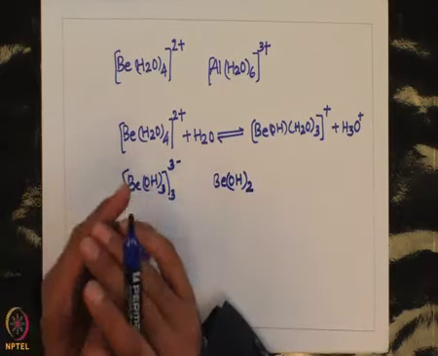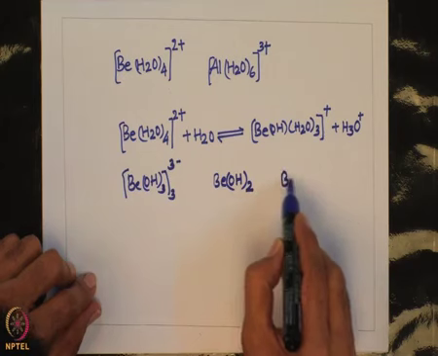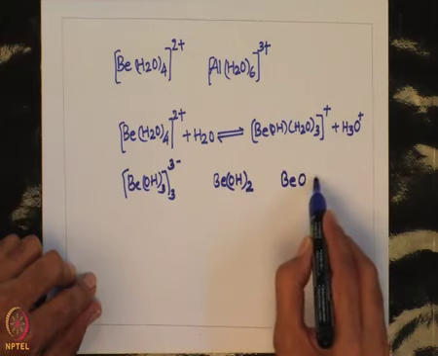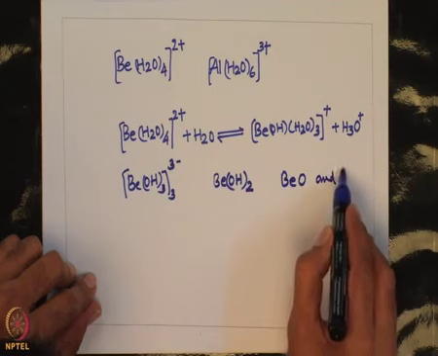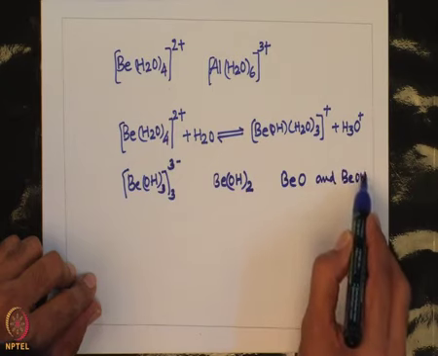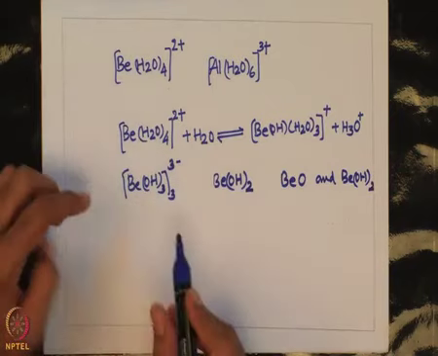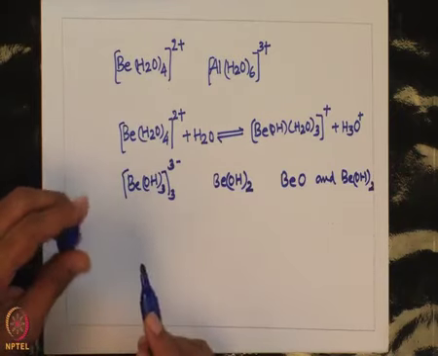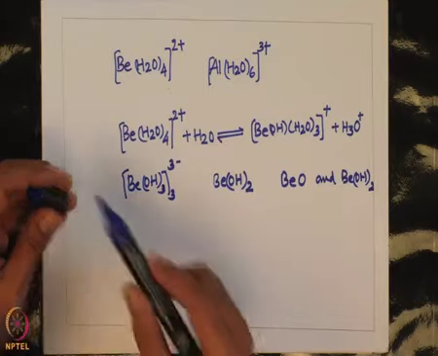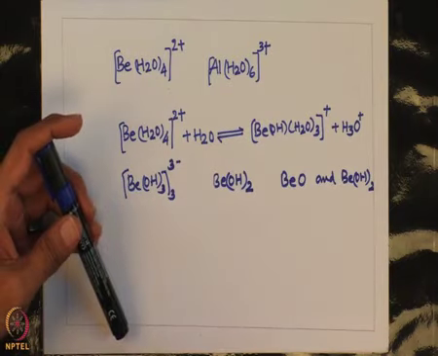In excess hydroxide, BeO and Be(OH)2 dissolve to give beryllate ion, that is [Be(H2O)4] 2 plus, demonstrating the amphoteric nature of beryllium.